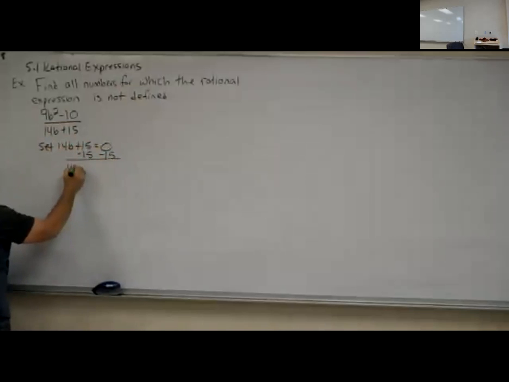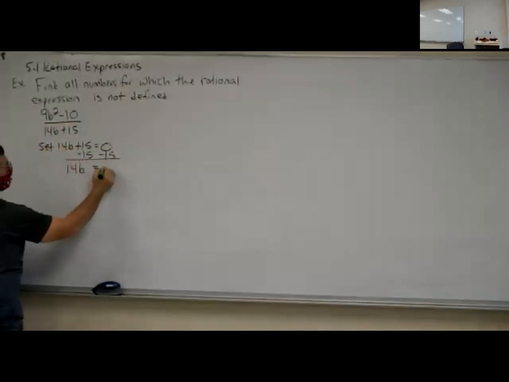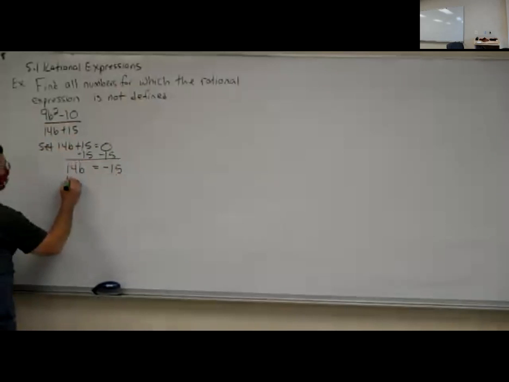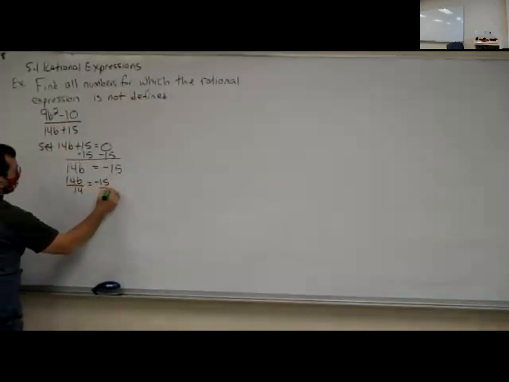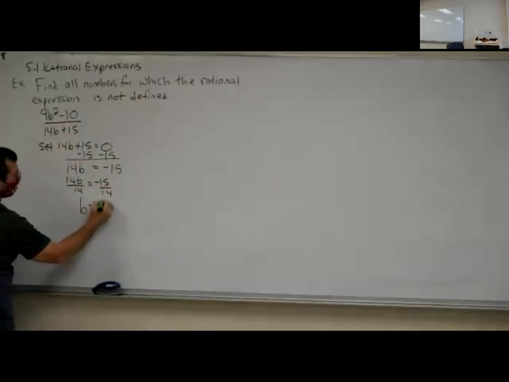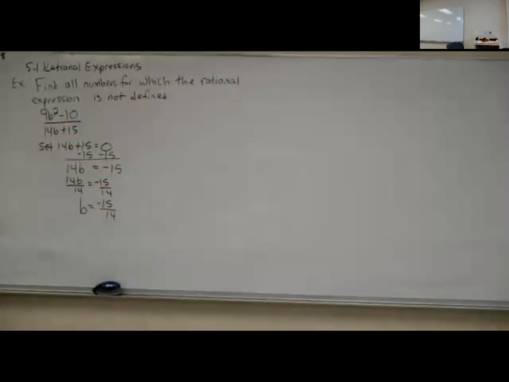That'll bring down my 14b, the 15's cancel, and then that side gives me a negative 15. Then to finish out, we'll divide both sides by 14. So that cancels and I get b is equal to negative 15 over 14.